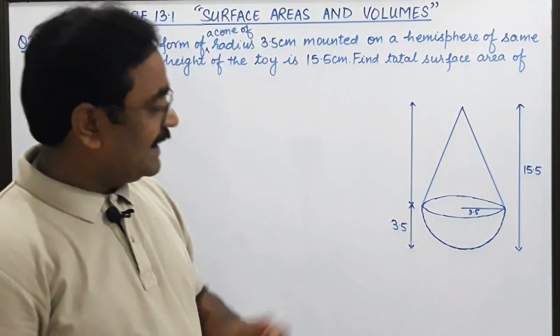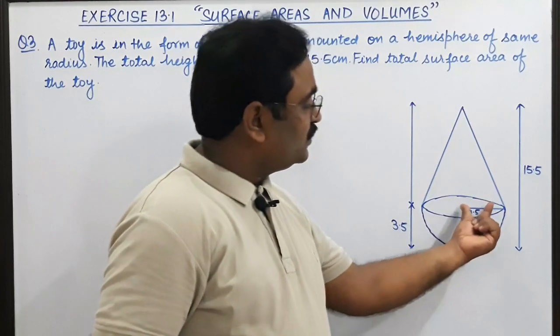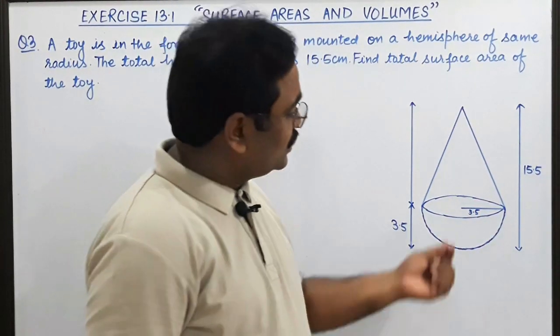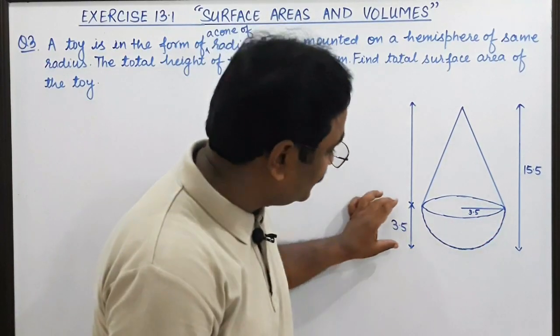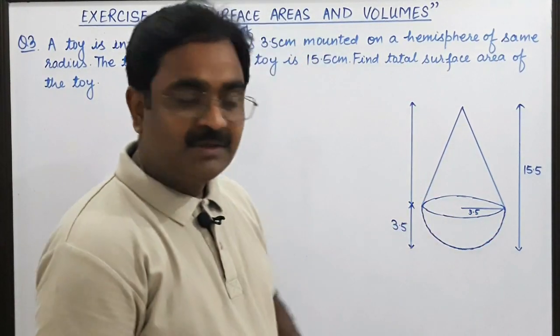So as the radius of this cone is given as 3.5 centimeter, the radius of this hemisphere will be the same as the radius of this cone, right?